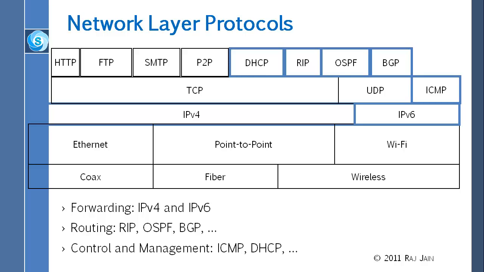No, ICMP is not an application. I will tell you what ICMP is. I don't know whether you have used ICMP. So anyway, is the difference between data, control and management clear? Everybody clear? Okay.